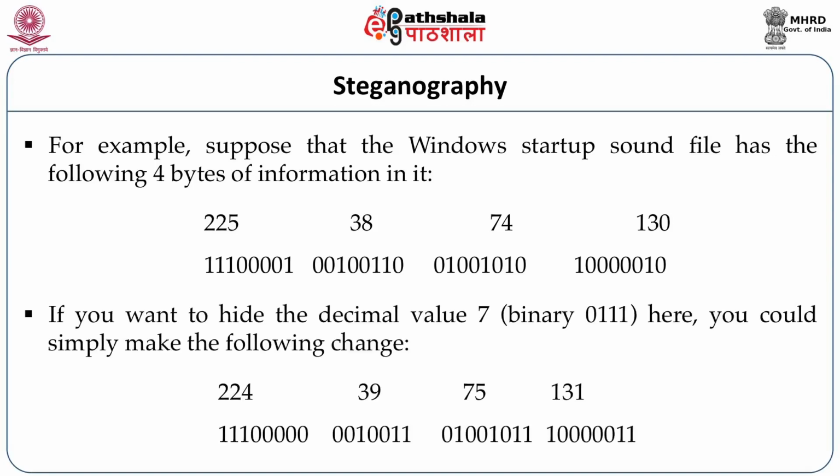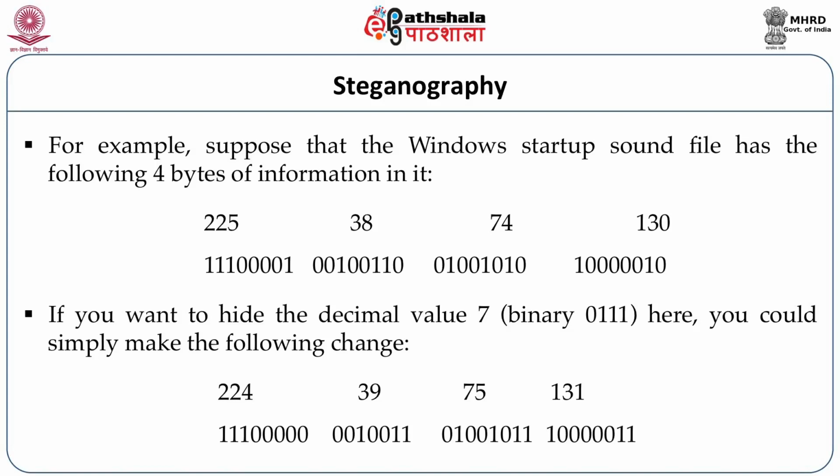Now if you want to hide the decimal 7, saying 0111, then first hide 0 into the first byte, that is 225. So now 225 becomes 224 and its binary is 11100000.